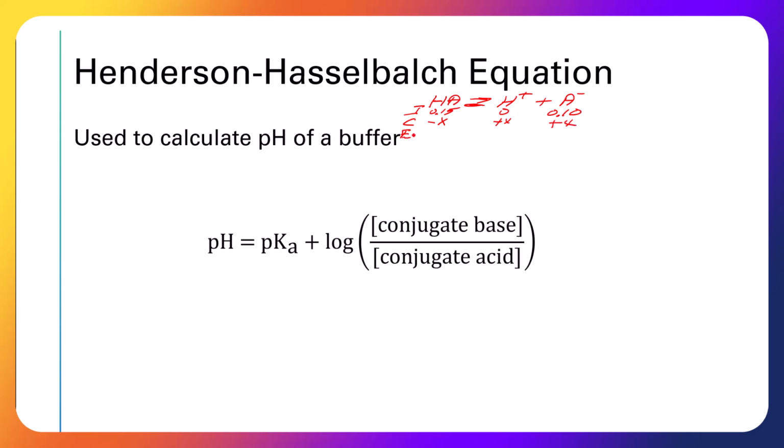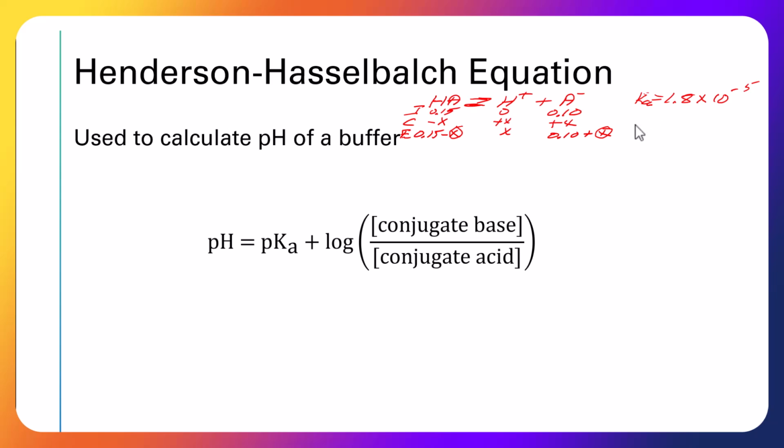And at equilibrium, we're going to have 0.15 minus X, 0 plus X is X, and 0.1 plus X. Let's say the Ka of our solution, we'll make this acetic acid, and the Ka for acetic acid is 1.8 times 10 to the minus 5. Now, we can go ahead and make the assumption that X is small relative to their starting concentration, so that simplifies our problem a lot.